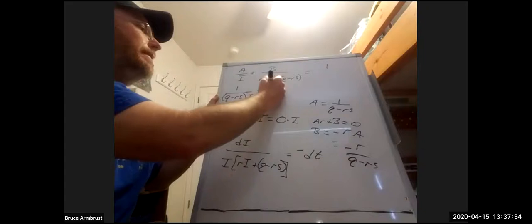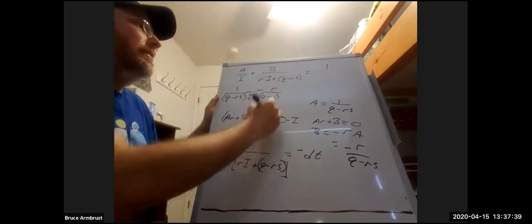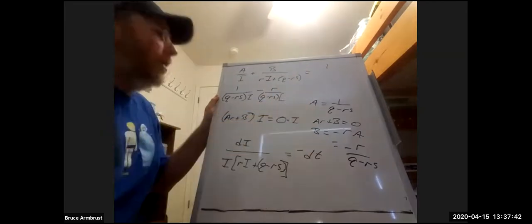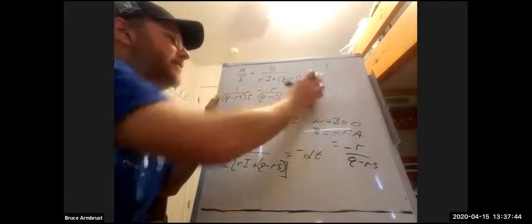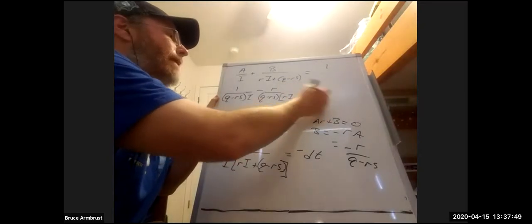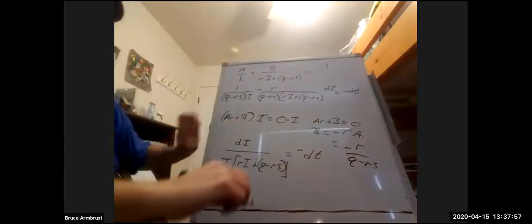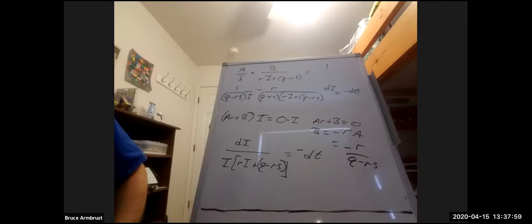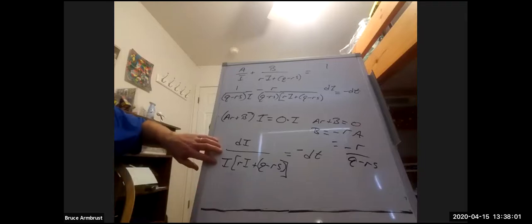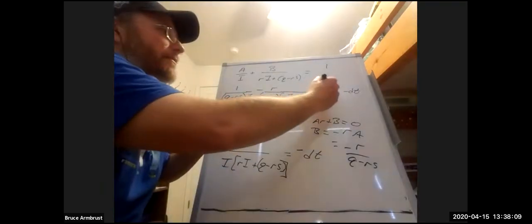So that's going to be a minus R over Q minus RS times RI plus Q minus RS. And this is all DI is equal to negative DT. So I really just changed this fraction we've got near the bottom. I split it apart into these two pieces so that I'm going to be able to actually do the integral a little bit faster.